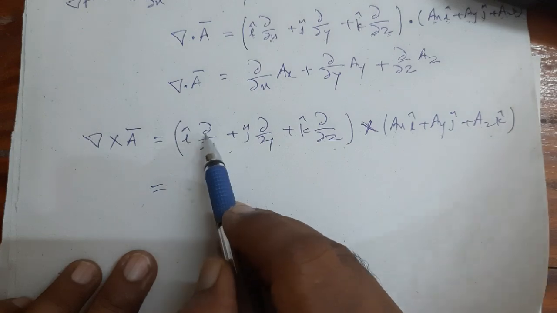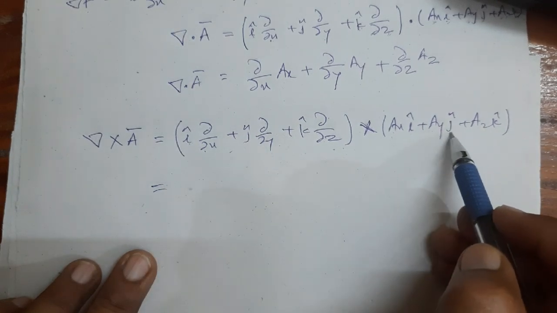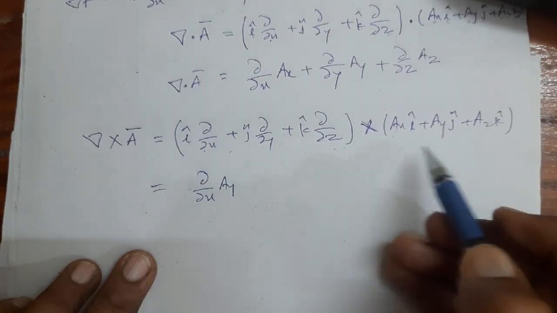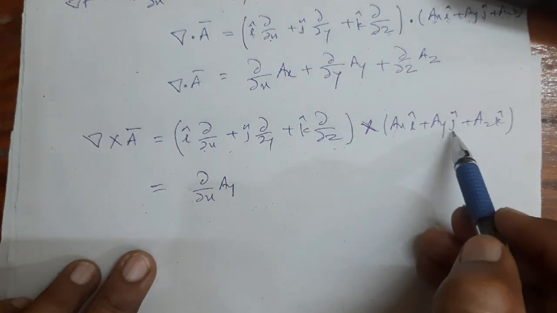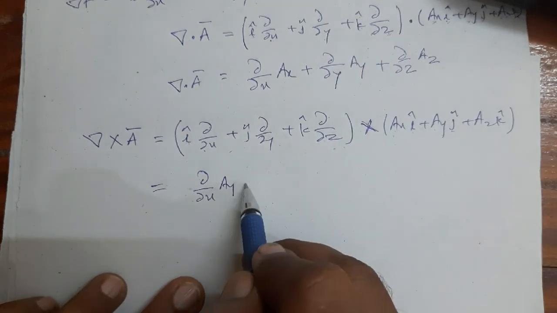But if I think about ∂/∂x i cap operated on ay j cap, then I will have to write it is ∂/∂x operated on ay and i cap cross j cap, and we know that i cap cross j cap is equal to k cap.